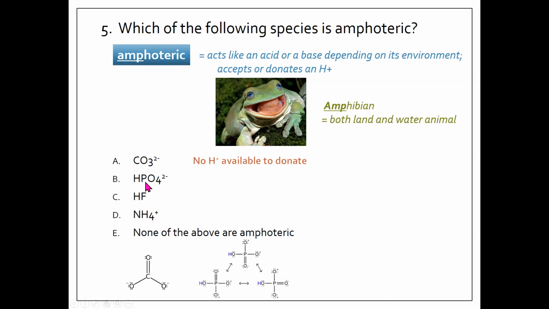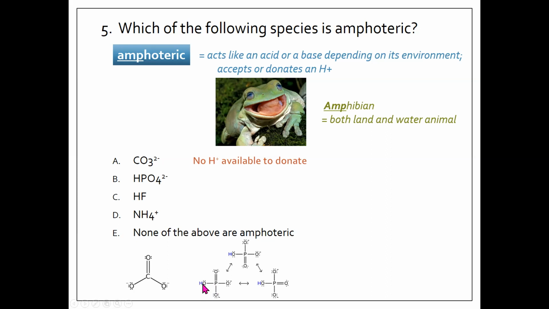If we look at the HPO4 2 minus, we've got a proton on the hydroxide here, and this is an oxy acid. So that proton is acidic because that oxygen is pulling electron density from that hydrogen. And you've got the electron density being pulled away from the other oxygens by the phosphorus, so that weakens that bond.